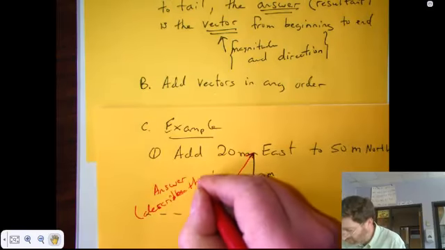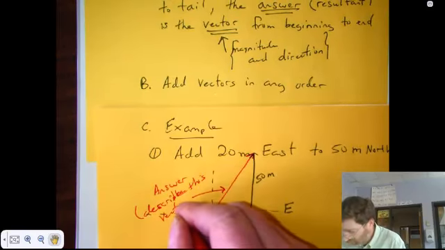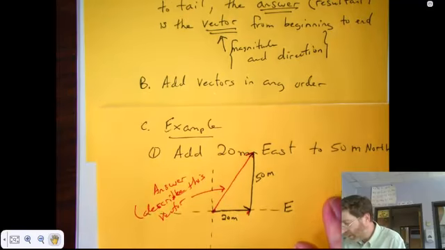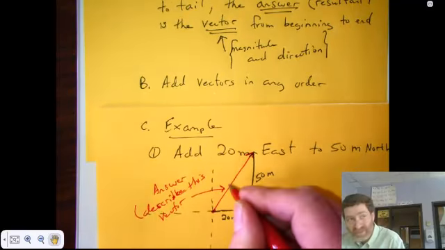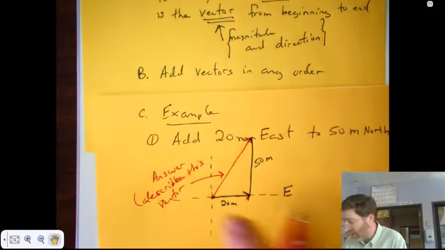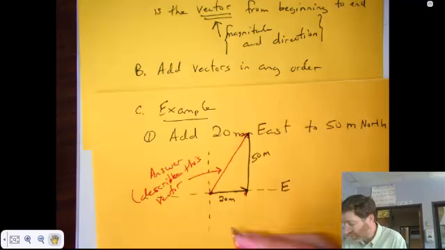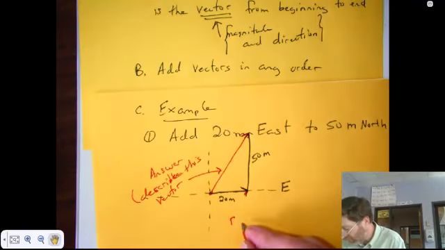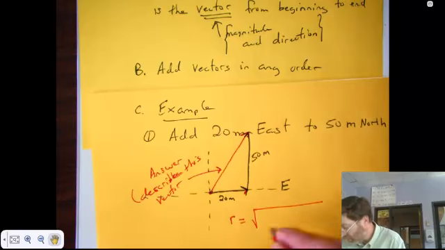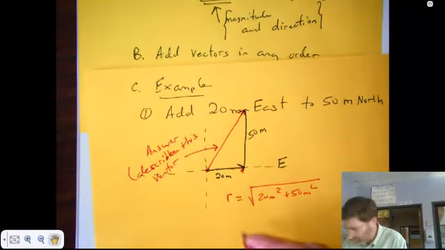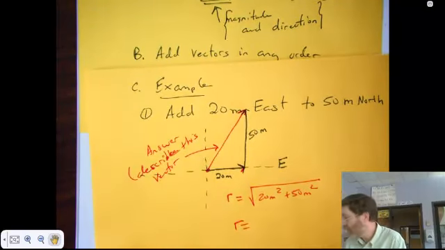Describe this vector. Okay, so we need to find the magnitude and the direction. How do we find the magnitude? Let's call it R, for result. We know that R squared is 20 meters squared plus 50 meters squared, so R is the square root of that.